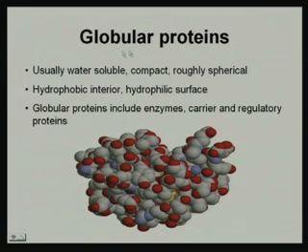Now, the globular protein is usually water soluble, compact and roughly spherical in nature, with a hydrophobic interior and hydrophilic surface. Globular protein includes the enzymes, carrier and regulatory proteins.